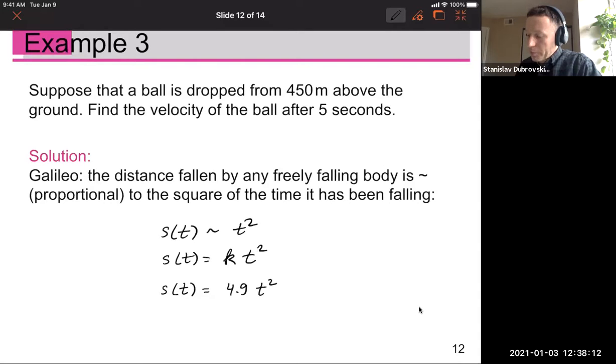Well, we know that just before 5 seconds, it was a little slower than at 5 seconds, then after 5 seconds.